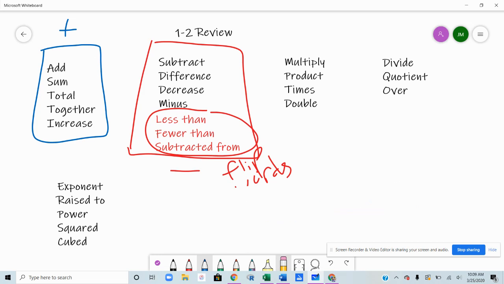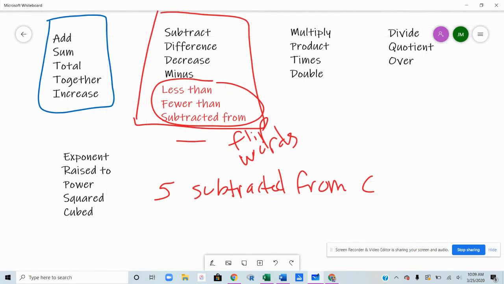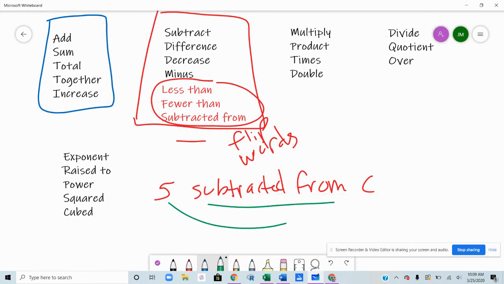Now let's talk about these flip words. Flip words means you flip the order. So if it says 5 subtracted from C. 5 subtracted from C is a flip word, so you're going to flip the order when you write it.